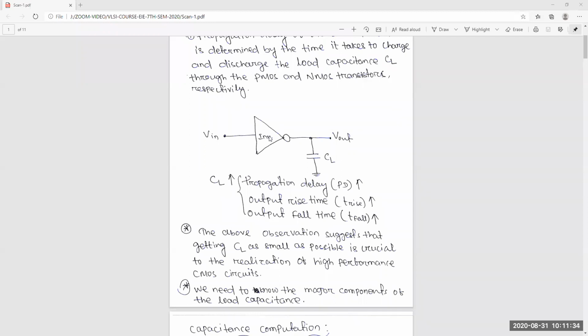Sir, for an inverter, should rise time and fall time be high or low? Should rise time and fall time be greater or lower? You can say greater or lower. Sir, because we have to move from 0 to 1 and 1 to 0, the rise time and fall time should be greater, I think. Why is it greater? Because rise time, as you said, is from 10% to 90%.